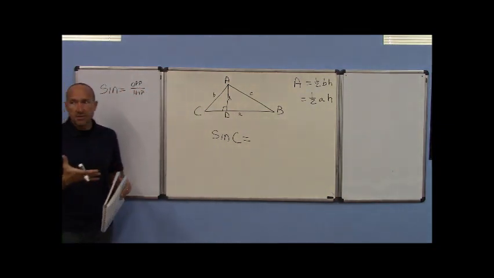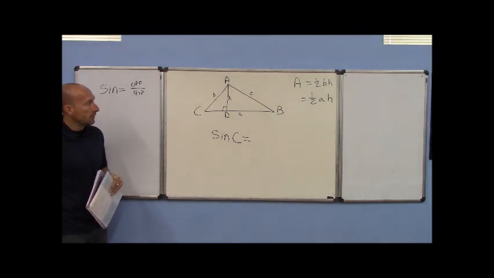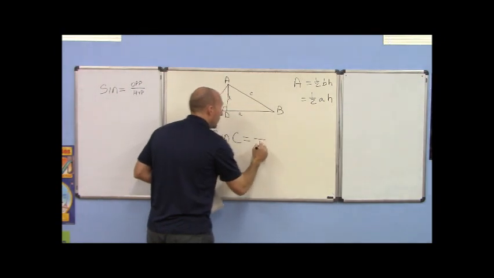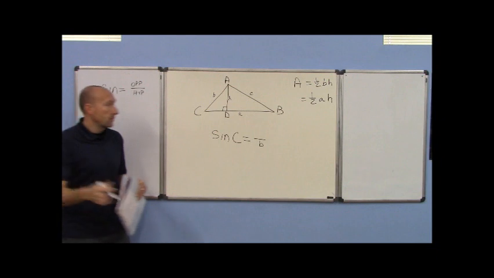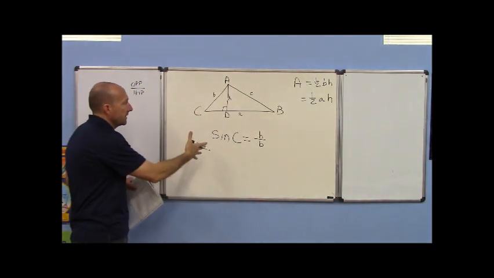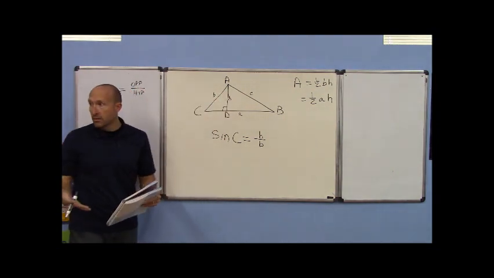What is the opposite side and what is the hypotenuse? The hypotenuse is B. Okay, the hypotenuse is B. And what is the opposite side? H, absolutely. Okay, so the sine of C is going to be H over B. We all follow along so far?